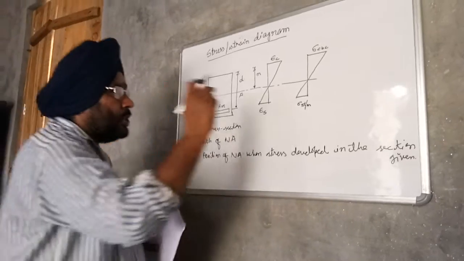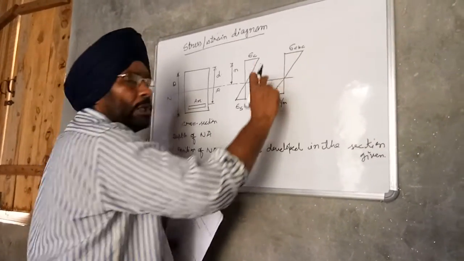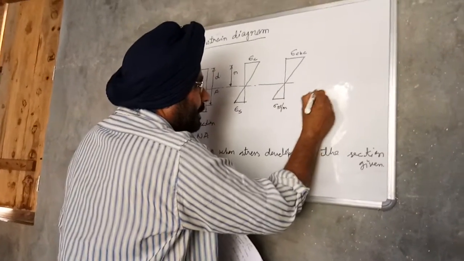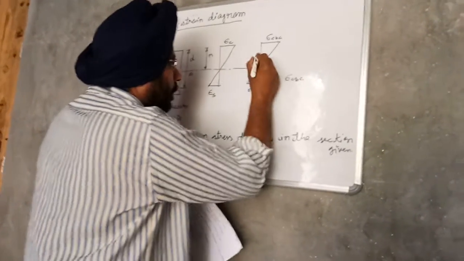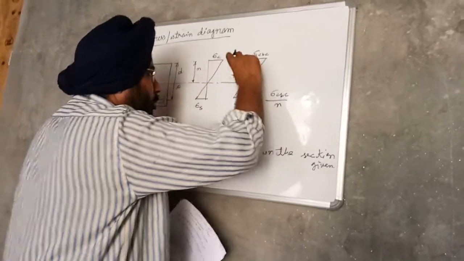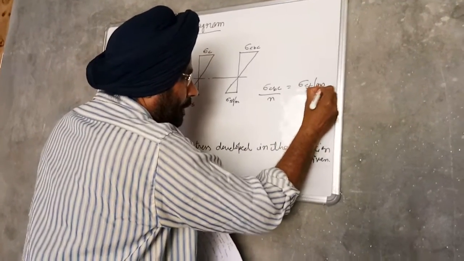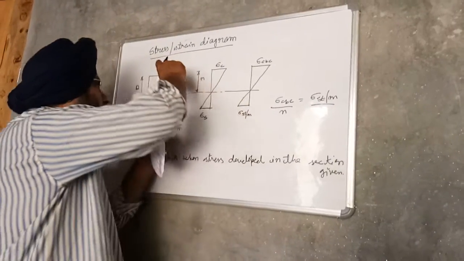These are two similar triangles. By equating the sides of the similar triangles, sigma cbc upon n is equal to sigma st upon m over d minus n, where d is the total effective depth.